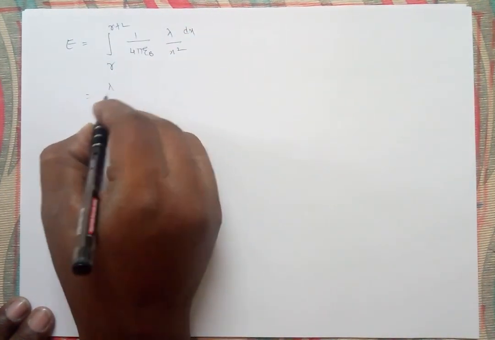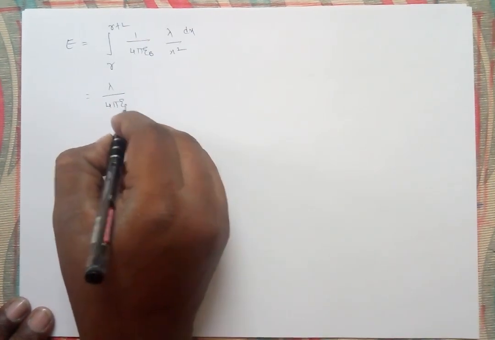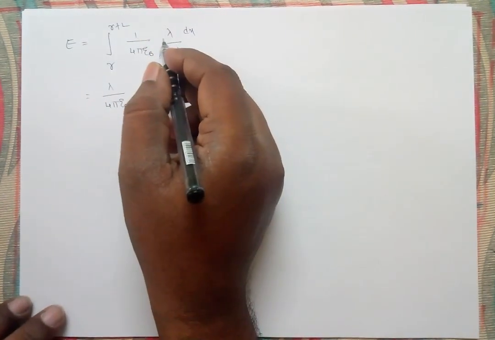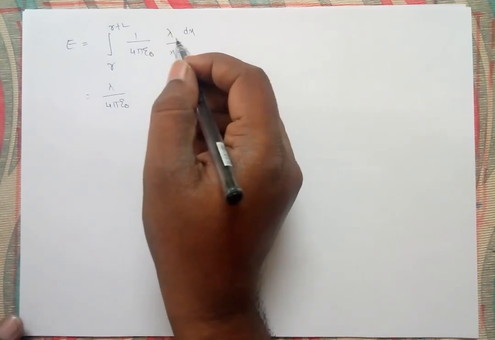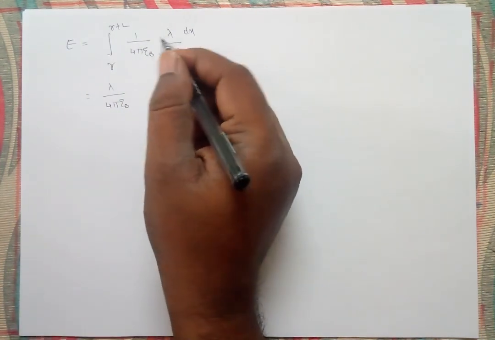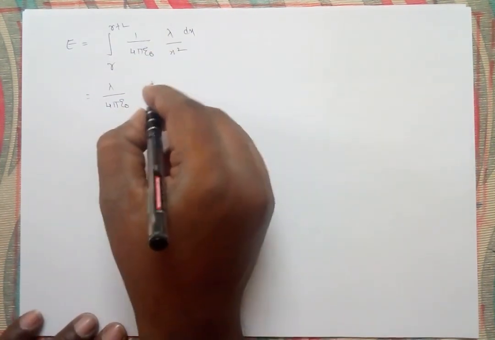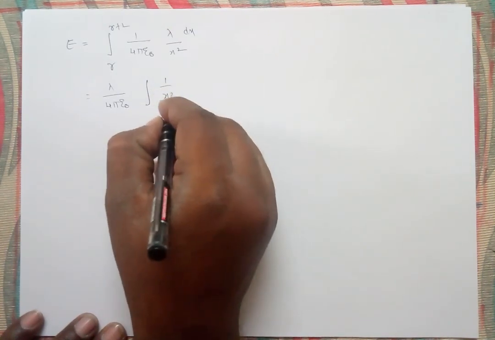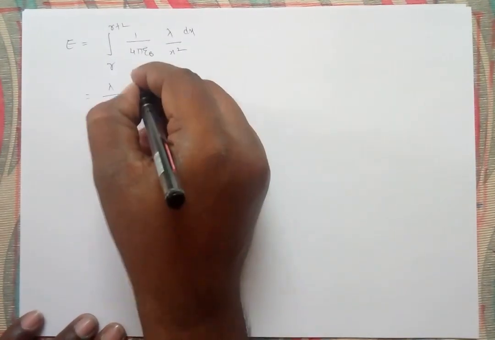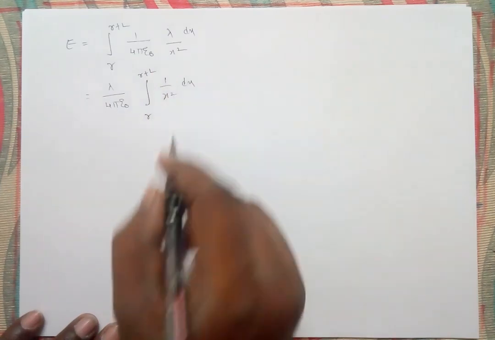Lambda by 4 pi epsilon naught is constant, since lambda, the linear charge density, remains constant for this conductor. Then we have the integral of 1 by x square dx, with limits from r to r plus L.